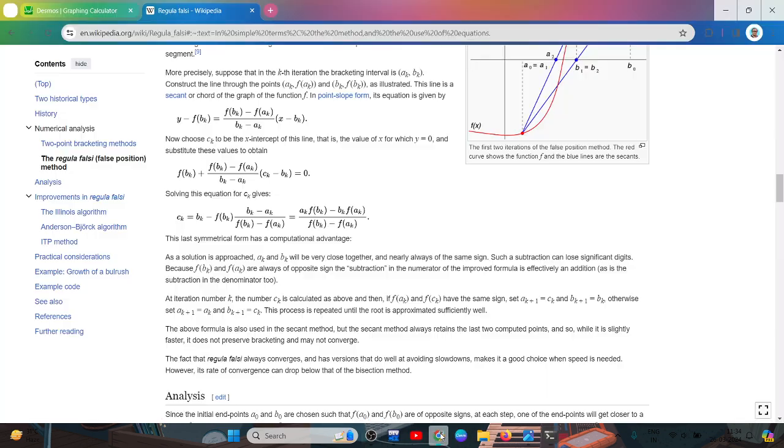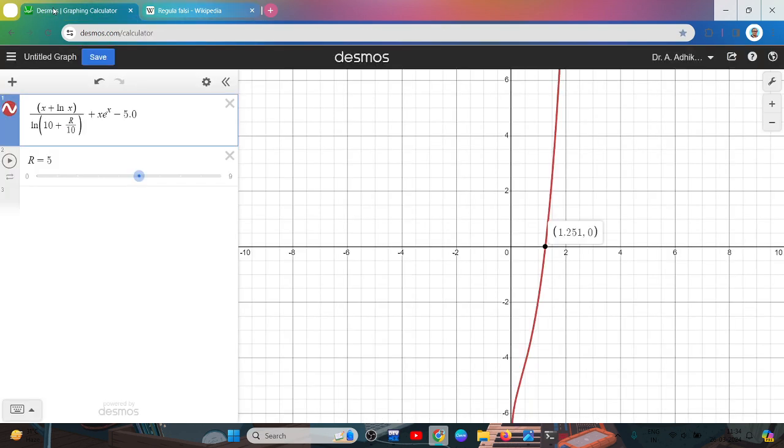Now in the Desmos graphing calculator, this function is x plus ln x divided by ln 10 plus r by 10 plus x to the power x minus 5.0. This is f(x) equal to 0, and this is r. You can change this r from 0, 1, 2, through the integers 0 to 9.